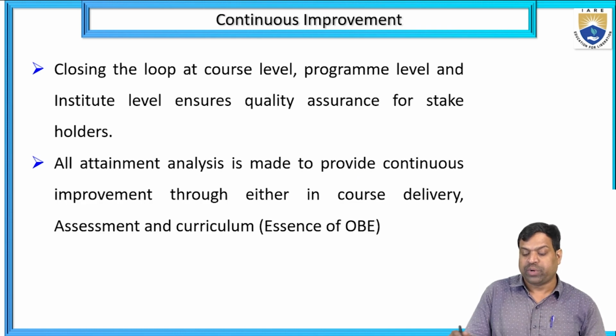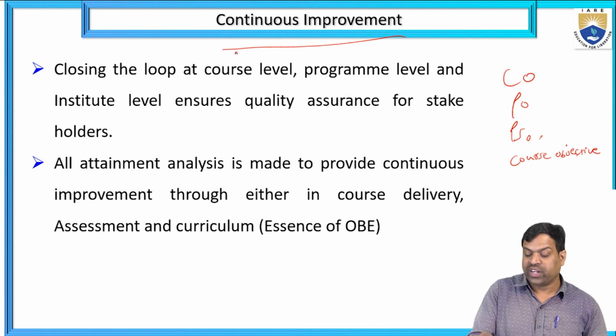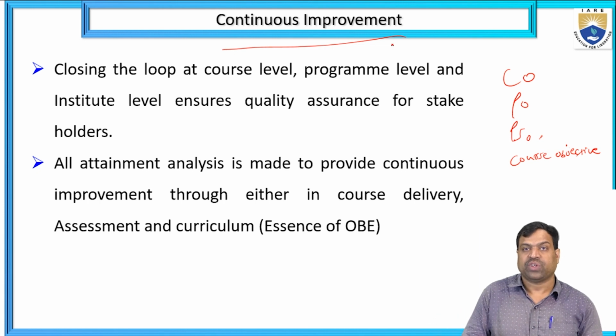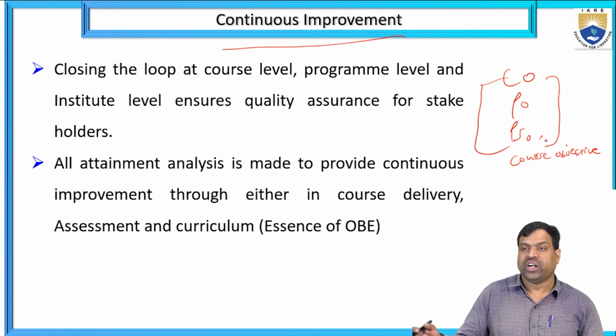So continuous improvement after the completion of CO, PO, PSOs and course objectives, all those things. Finally, what is the continuous improvement of that one? So closing the loop at the course level, we completed CO, PO, PSOs and the result we got, and how much percentage of POs, PSOs we got.